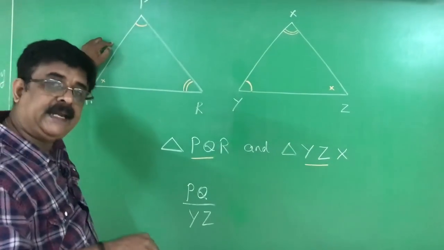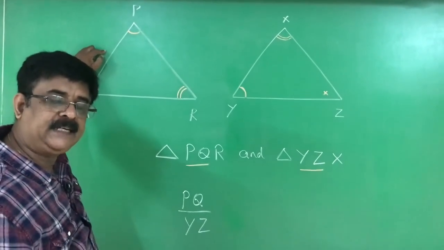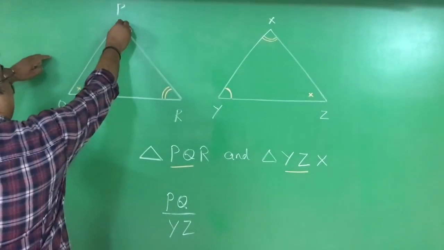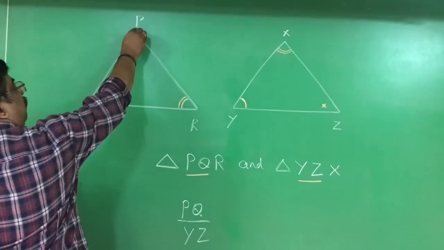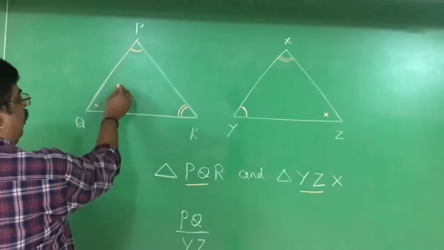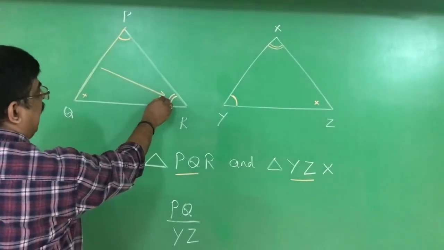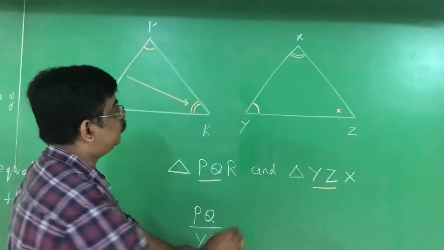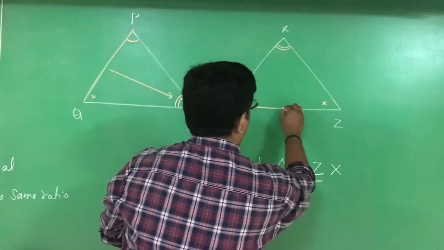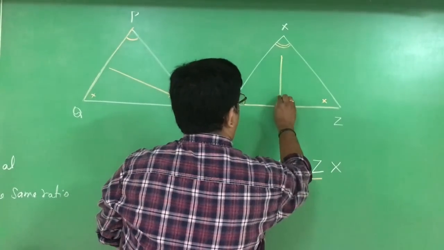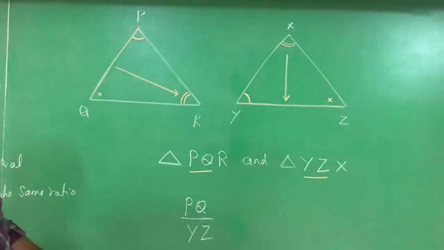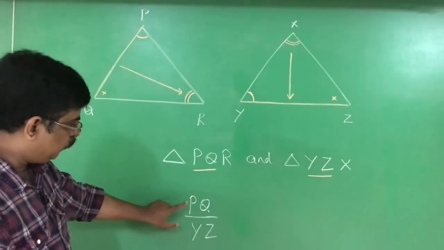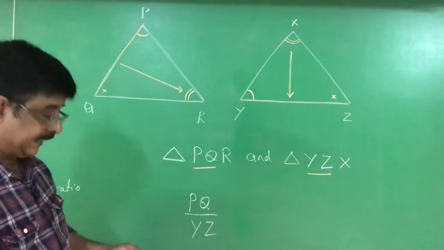What are corresponding sides? Corresponding sides are the sides opposite to equal angles. See, PQ is opposite to the double arc, right? YZ is also opposite to the double arc. Sides opposite to equal angles are called corresponding sides. Therefore, PQ and YZ are corresponding sides.